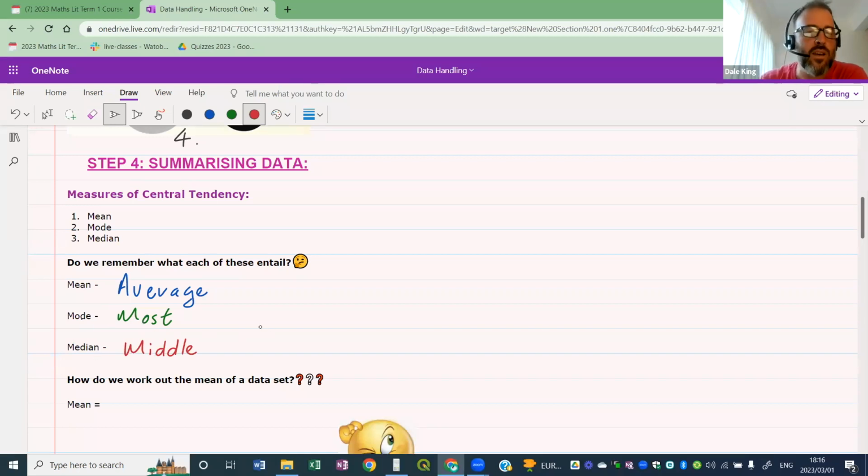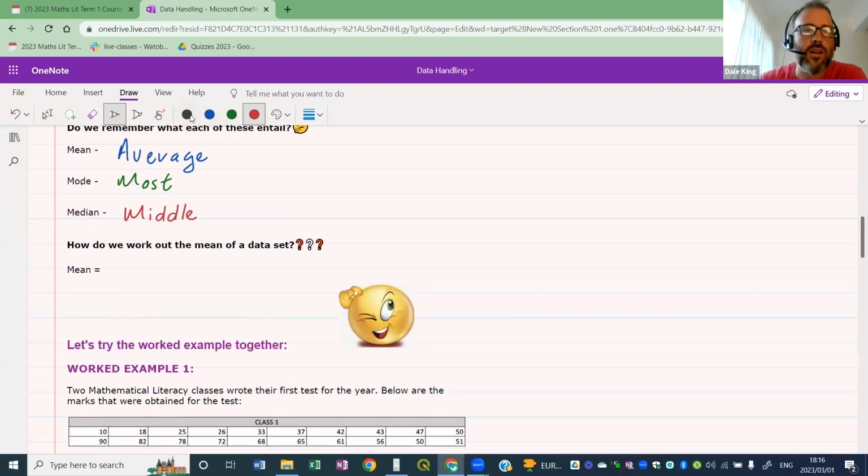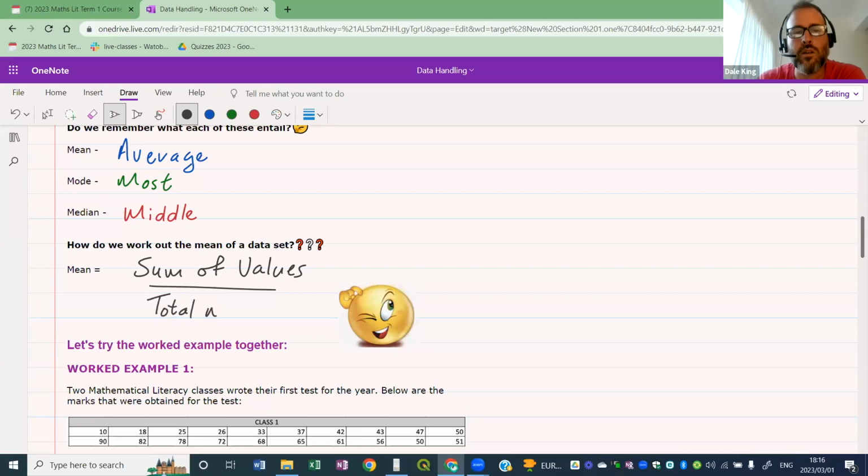Okay. So how do we work out the mean of a set of data? Like was explained to us, you find the sum of values over the total number of values.